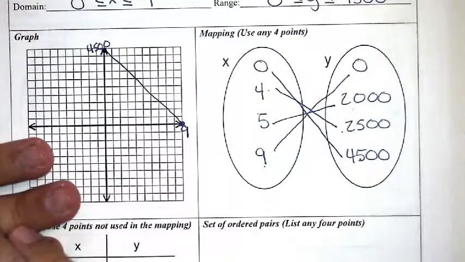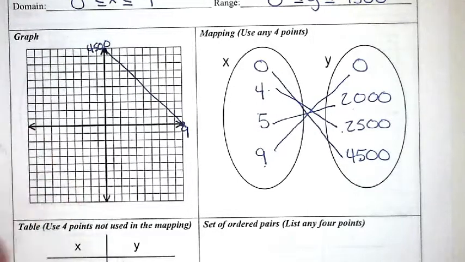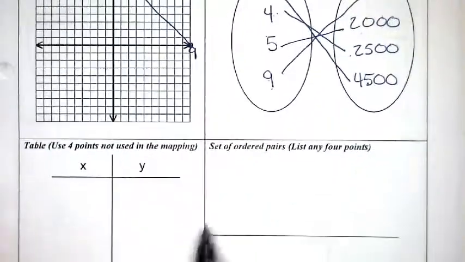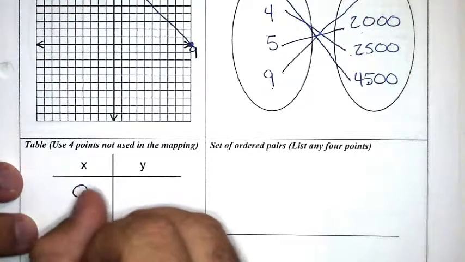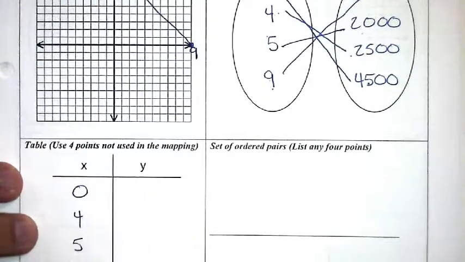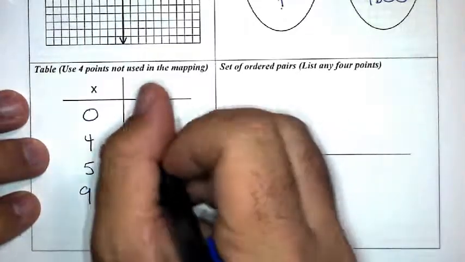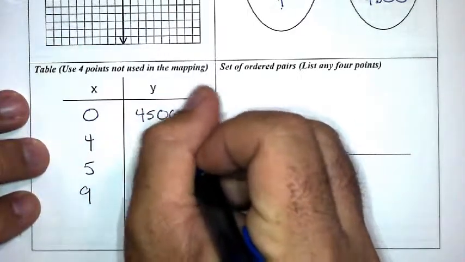Now to go from a map to a table, it's very simple. I'm at 0, 4, 5, 9. Those X values will always be least to greatest. 0 hours passed, 4,500 gallons of water in there. 4, 2,500. 5, 2,000. 9 hours, 0 gallons.